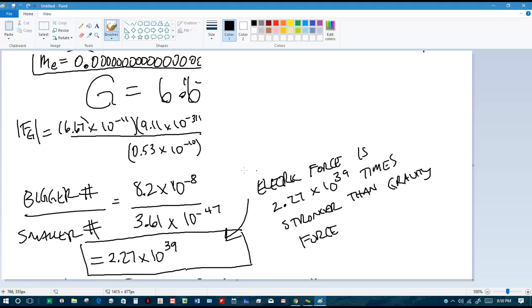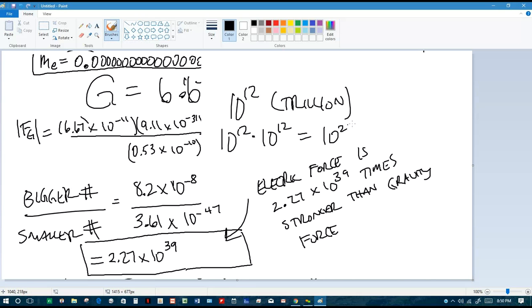10 to the 12th is what word? Trillion. So 10 to the 12th times 10 to the 12th, which is 10 to the 24th, would be a trillion times a trillion, right? What if we do 10 to the 12th times 10 to the 12th times 10 to the 12th?